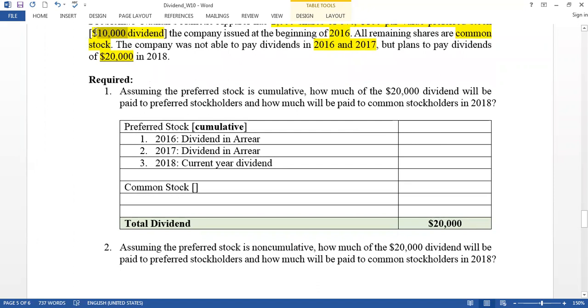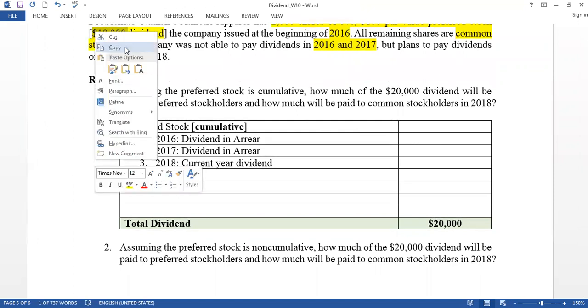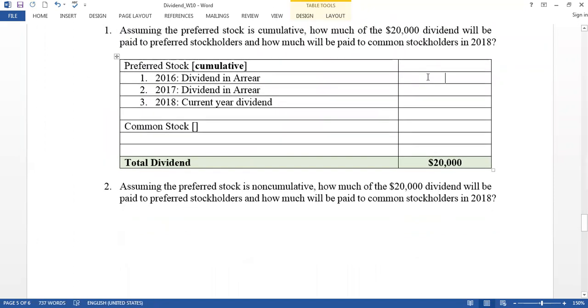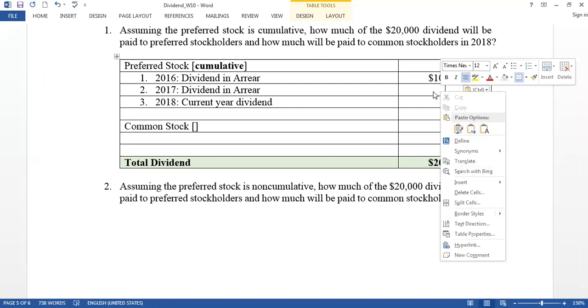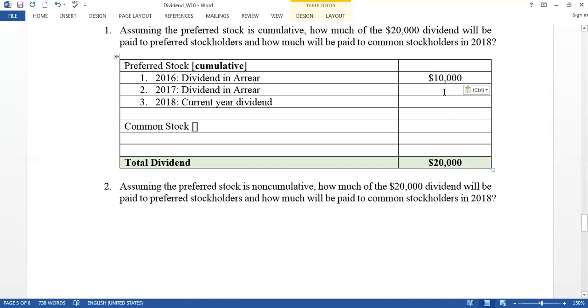Because you are cumulative, you will receive unpaid dividend first, 10,000 from 2016. Then total is 20,000, right? Then what is the amount you are going to receive for 2017? What should be the dividend for 2017?